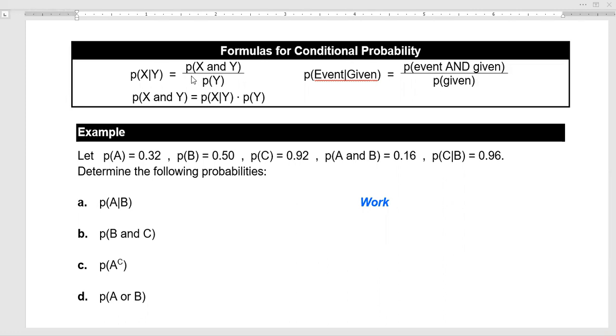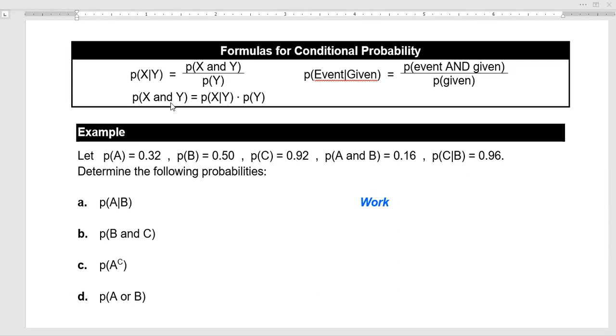Now, if I take this formula here, I can rearrange it by multiplying both sides by the probability of y, and that's a way that I can solve for the probability of x and y. That's what's given here in this format. So these two equations are actually the same thing. They've just been rearranged, depending on whether I'm looking for a conditional probability or an and probability.